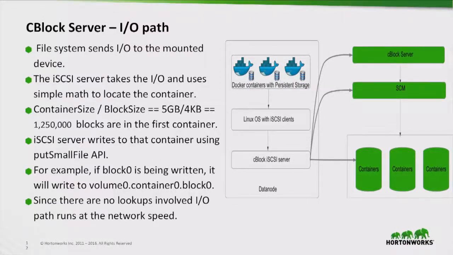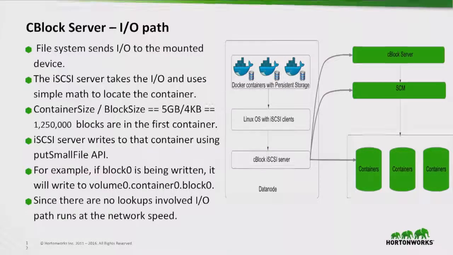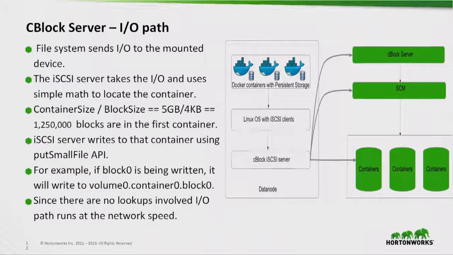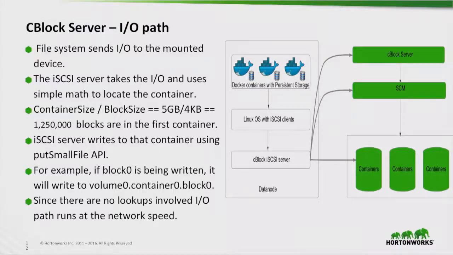When the file system sends the I/O command to a mounted iSCSI disk, it first goes through the Linux kernel iSCSI disk driver. Then this I/O request is translated into block device accesses, and with simple math, dividing the block address by the block size and the container size, it determines which container it needs to access.